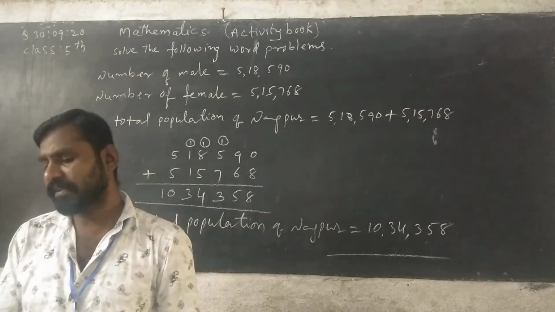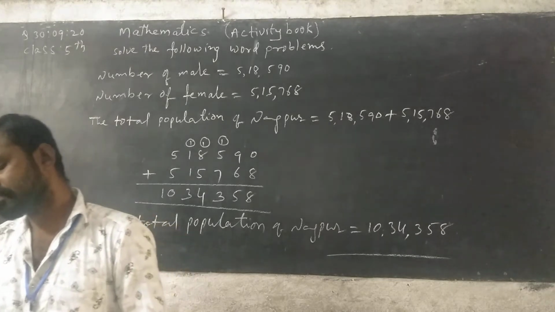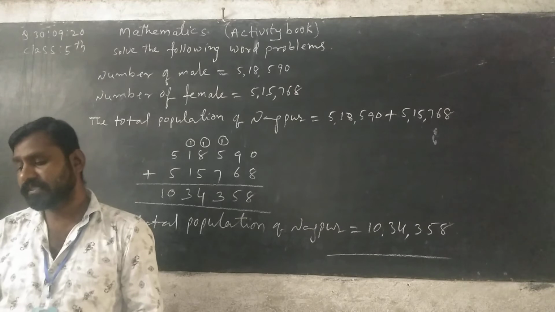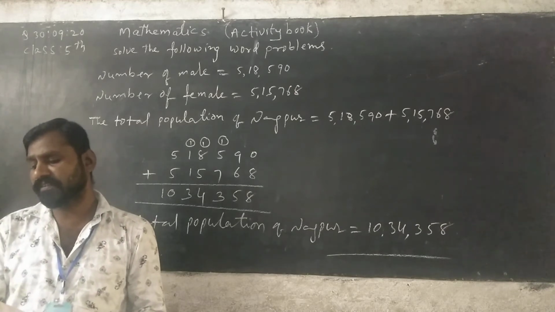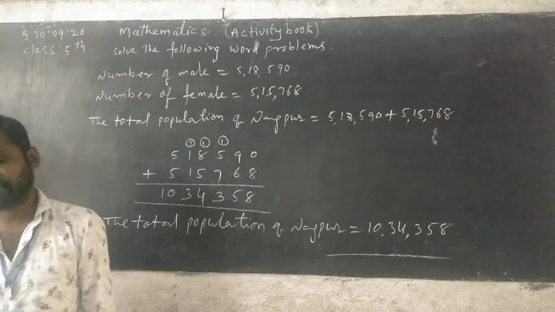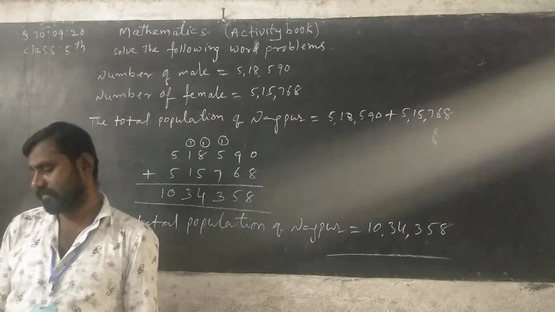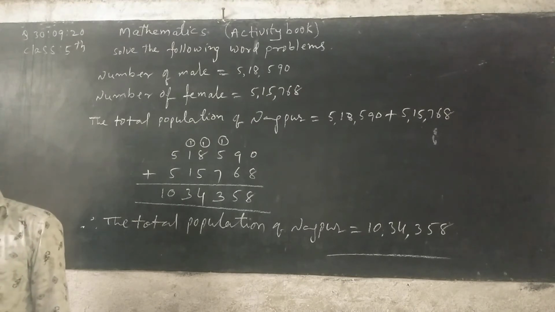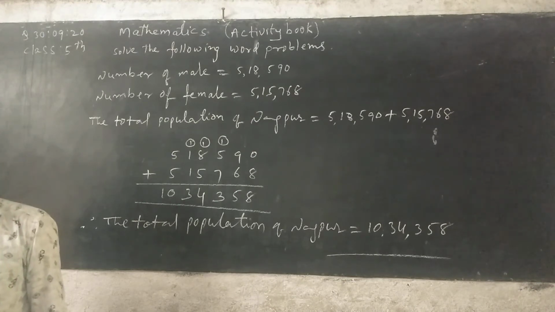James flower shop sold 1,26,065 flowers last month. It sold 1,34,762 flowers this month.